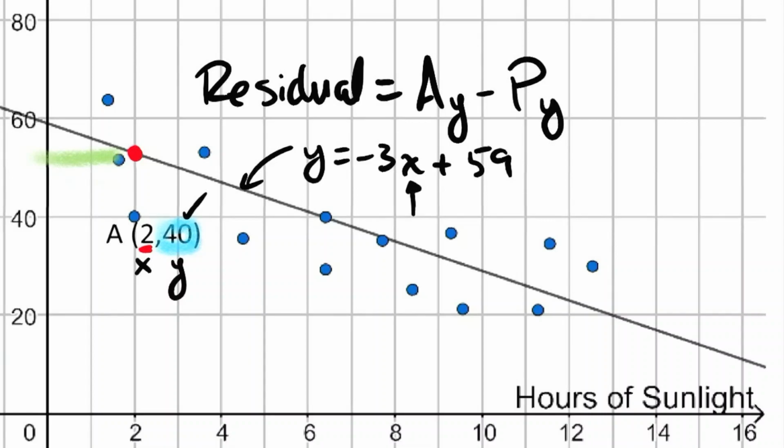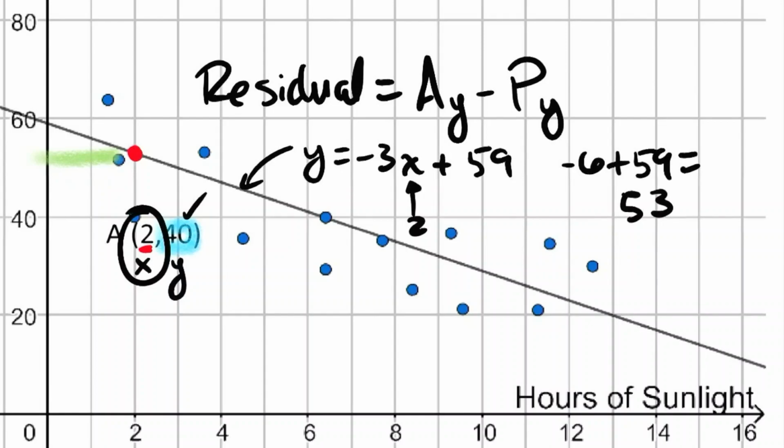So when x is 2, we're feeding this number into it. Well, this becomes negative 6 plus 59, which equals 53. Yeah? So what does that get us? Well, that is our predicted y value.